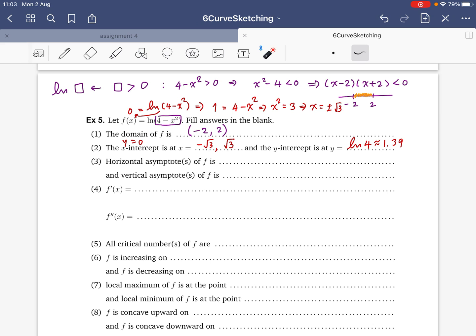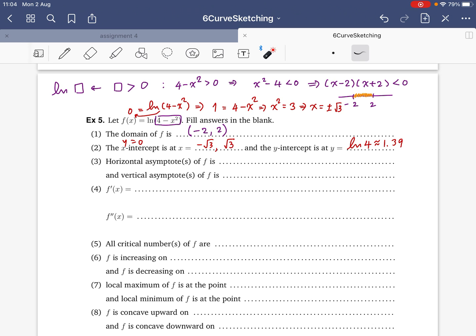However, because of x squared, either positive or negative infinity, after you take a square, it becomes infinity again. So it will be a log of 4 minus infinity, roughly speaking. So 4 minus infinity will be log of negative infinity, right? Oh, by the way, this is very absurd.